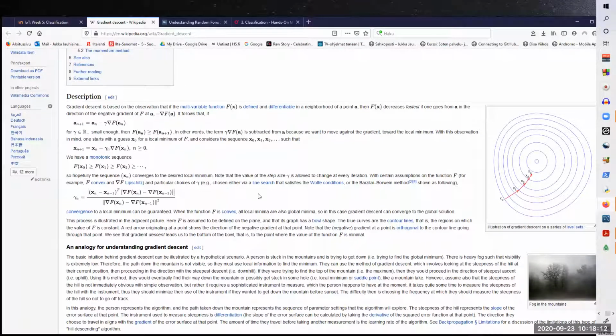We don't have to go into the mathematics, but the idea is that when we, for example, start from x0 here and calculate the gradient, it's always in the tangential direction to these blue lines. It points in the direction of the red arrow where we end up at point x1, then we calculate the gradient again here.